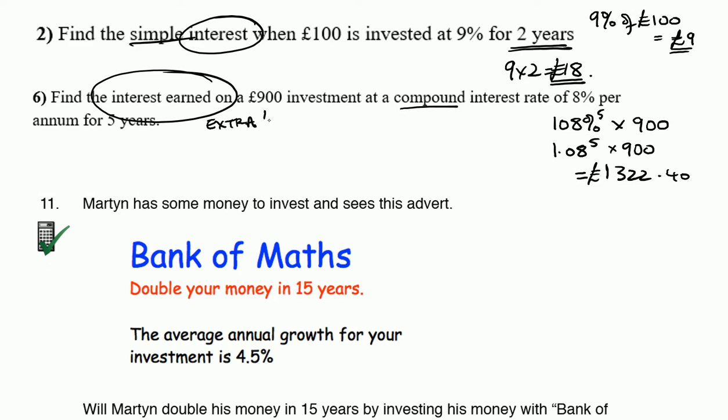So to answer this question, what we're going to need to do is take that 1,322.40 and subtract 900, leaving with £422.40. This is the interest earned. This is the extra we get given. We started with 900, we get an extra £422.40 over the course of those 5 years, leaving us with £1,322.40.